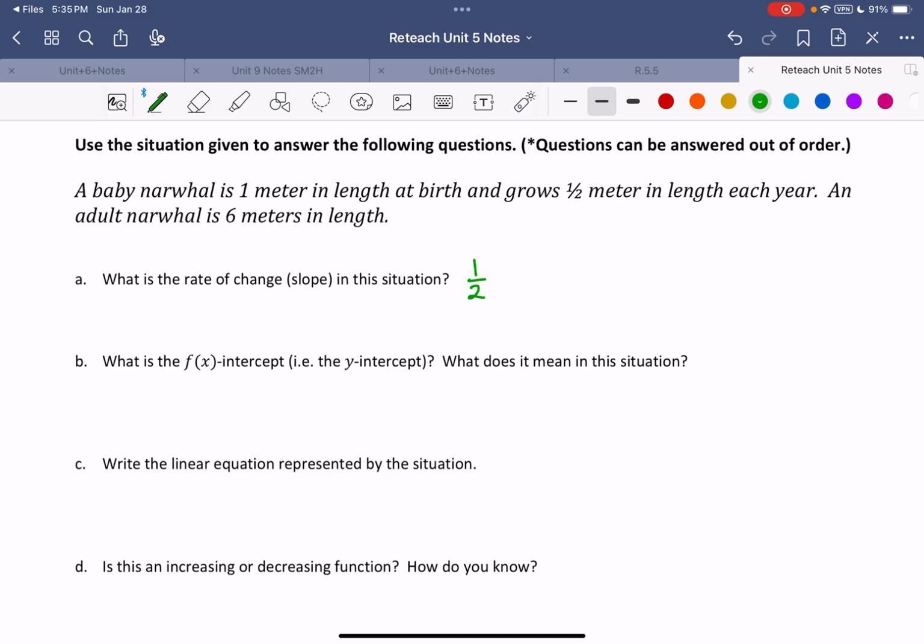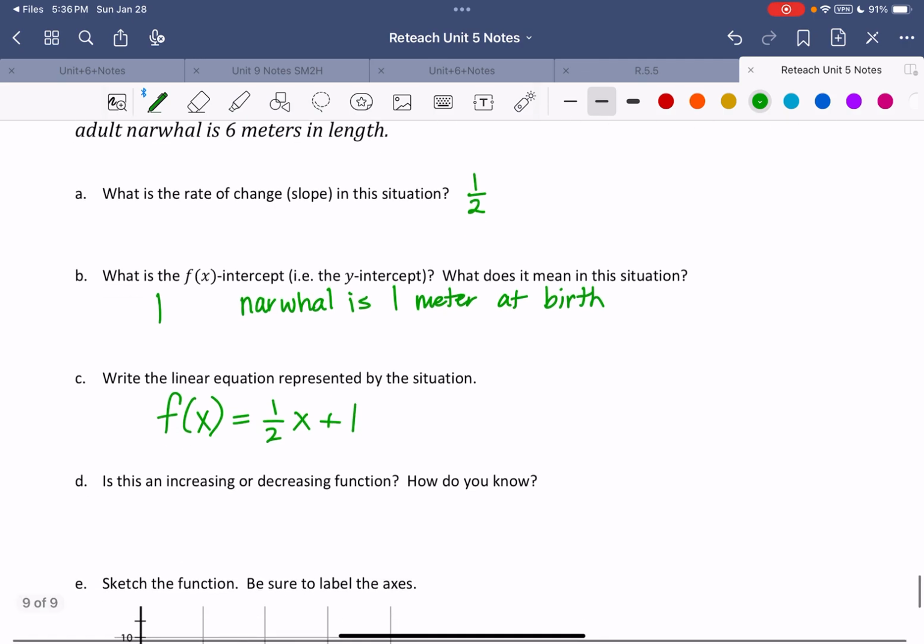The f of x-intercept, that would be 1, because the narwhal is 1 meter at birth. Okay, so its beginning length is 1 meter. Our function, f of x equals 1/2 x plus 1. It is increasing because the narwhal is growing.